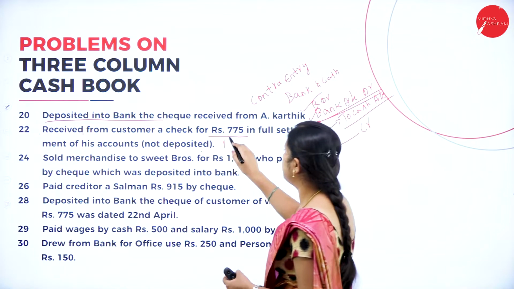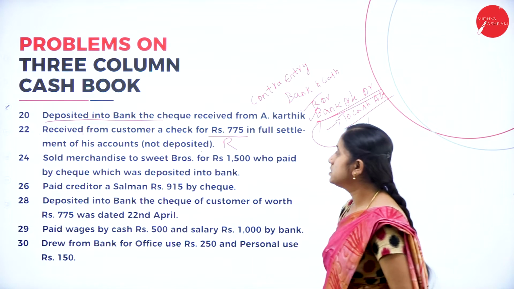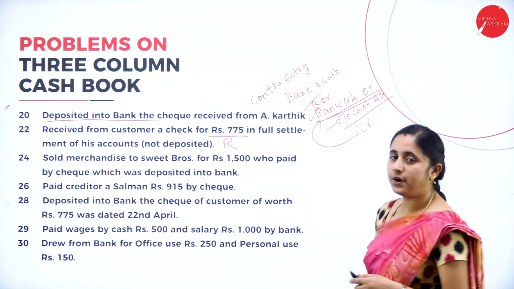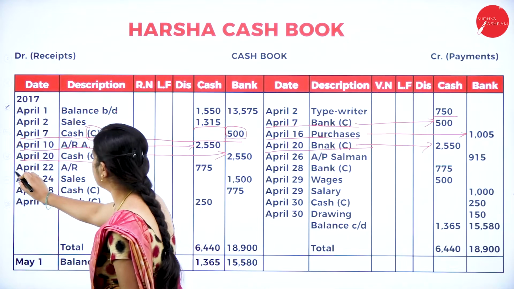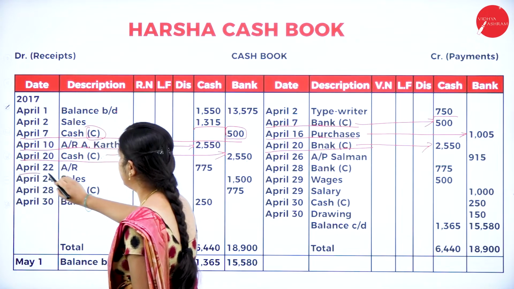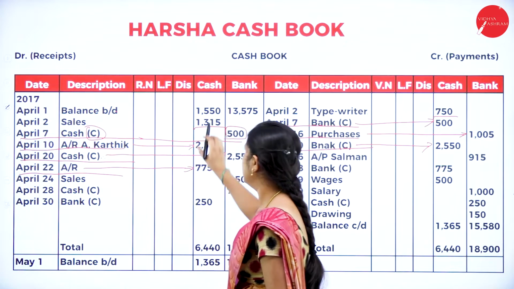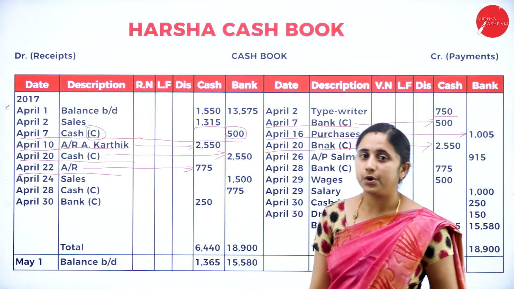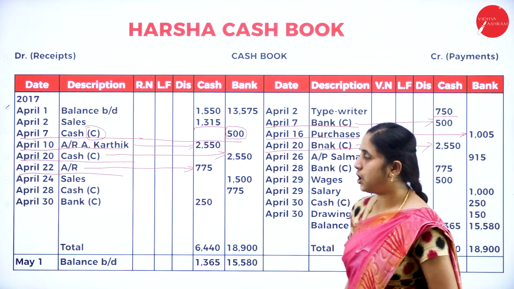This is the receipt, so write in the debit side, receipt side, accounts receivable, rupees 775, amount in the cash column.